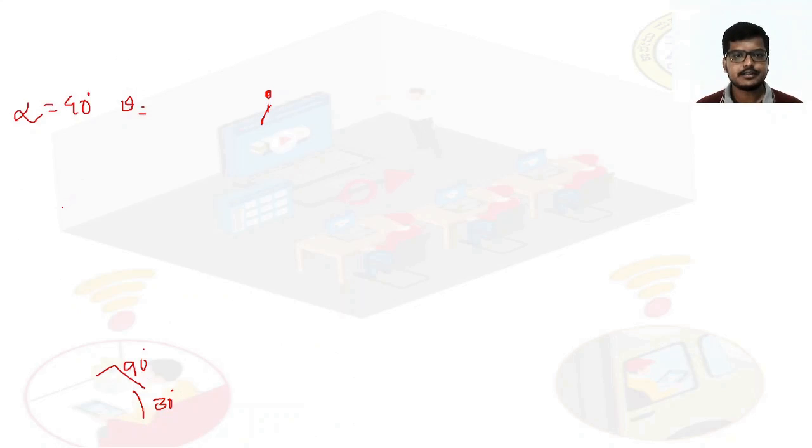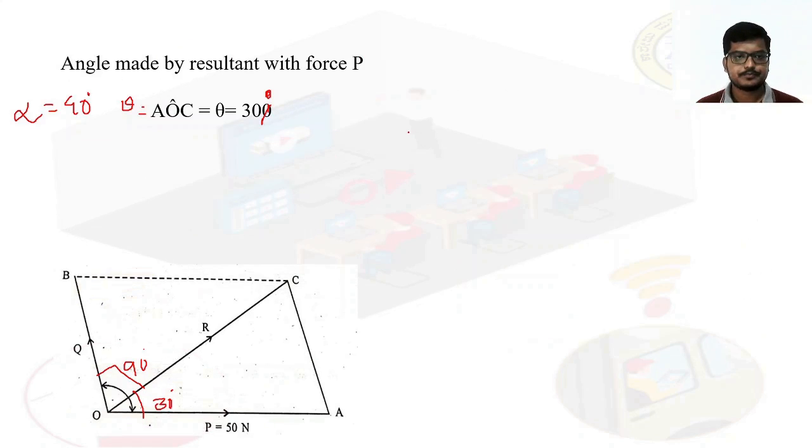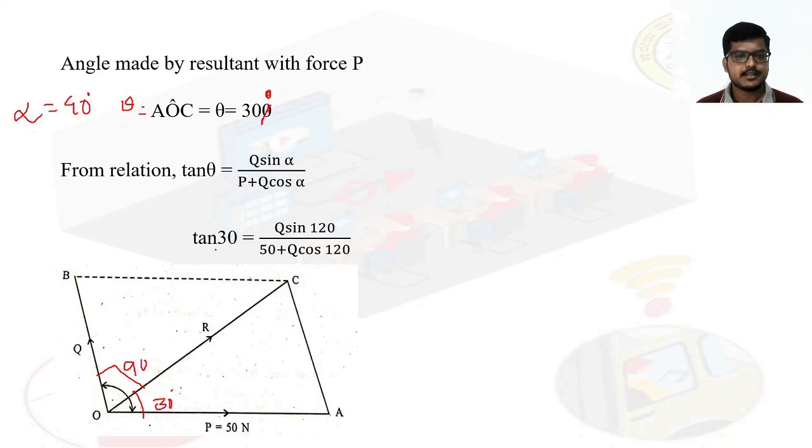What we need to find is the magnitude of the smaller force, the value of Q. From the relation tan theta is equal to Q sin alpha divided by P plus Q cos alpha, we get tan 30 degree is equal to Q sin 120 divided by 50 plus Q cos 120 degree.